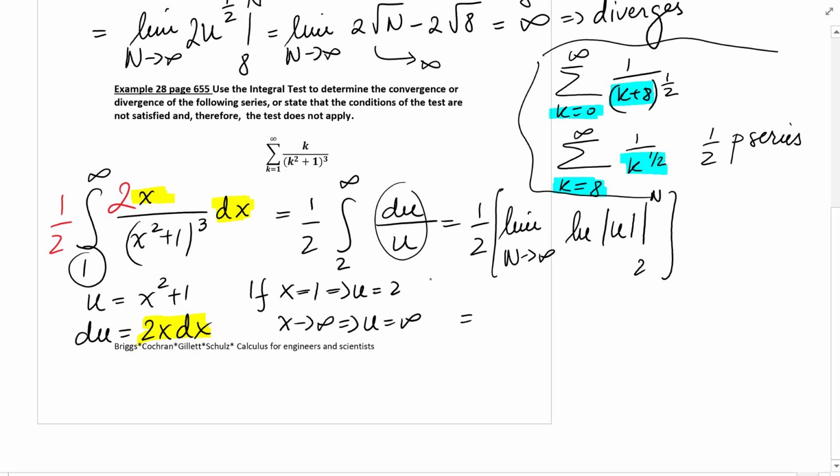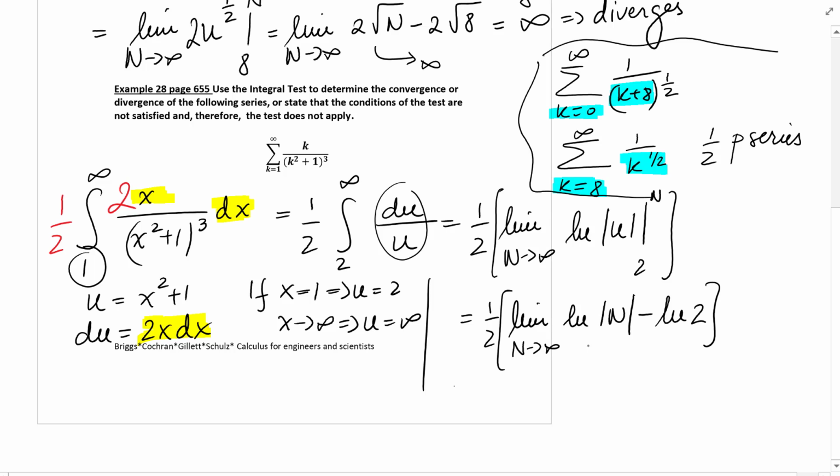So we get a half times the limit as n approaches infinity of ln of the absolute value of n minus ln of 2. Now ln of infinity is infinity, so we get infinity. So again, the series diverges.